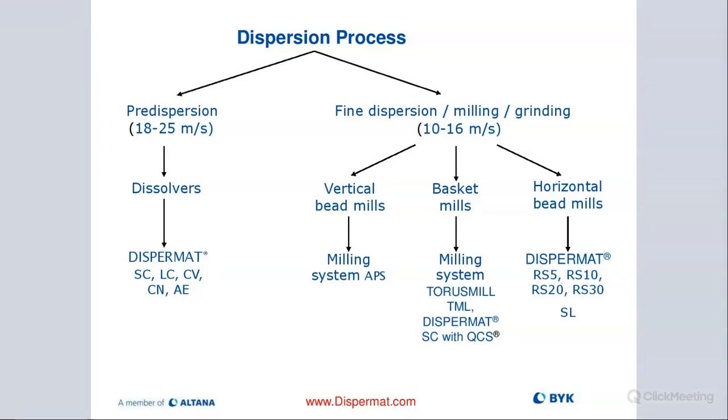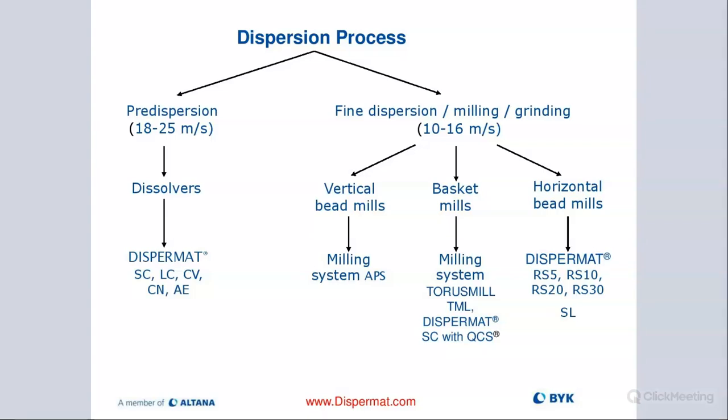And then for fine dispersing, milling, and grinding, which is that second step, we take the aggregates down to primary particle size. We've got to remember that the rotor speed is a lot slower than when we pre-disperse with the blade. We'd be looking at about 10 to 16 meters per second.